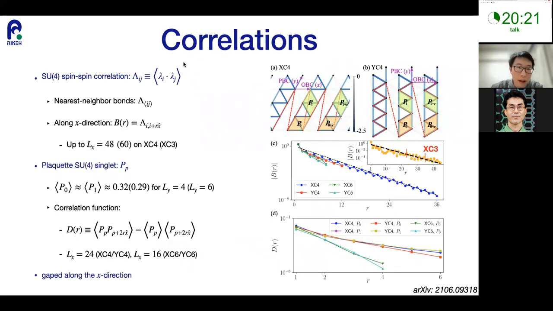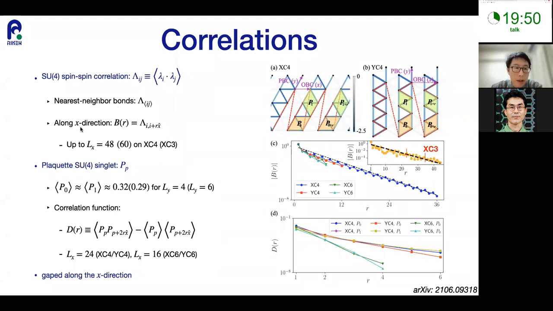Then here I show the ground state correlations of the RCO4 KK model. For the nearest neighbor RCO4 spin correlation, each pattern shows these strong stripe patterns, which is highly consistent with previous results.